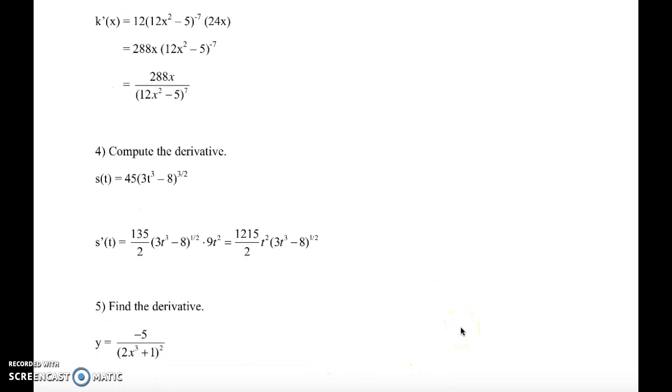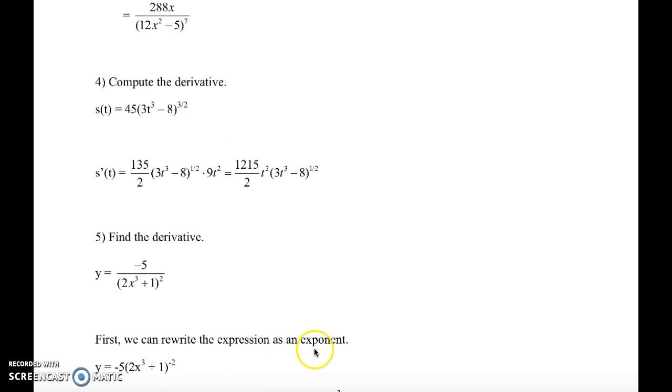Our last one we're going to look at, we have negative 5 divided by 2x cubed plus 1 squared. All right. What we want to do is rewrite the expression as just an exponent without a fraction. So we're going to have our negative 5 times our 2x cubed plus 1 now to the negative 2 power.